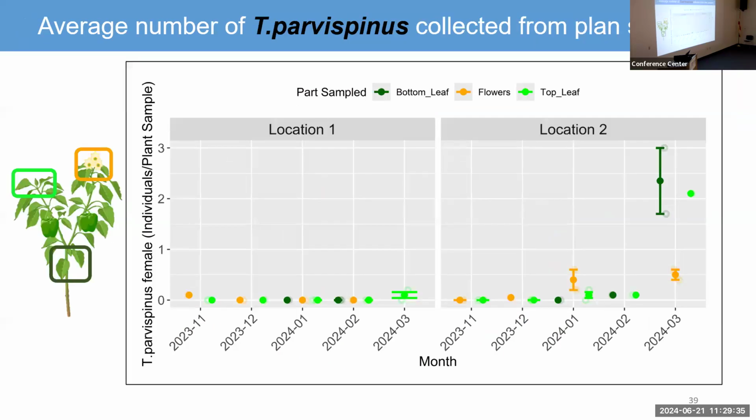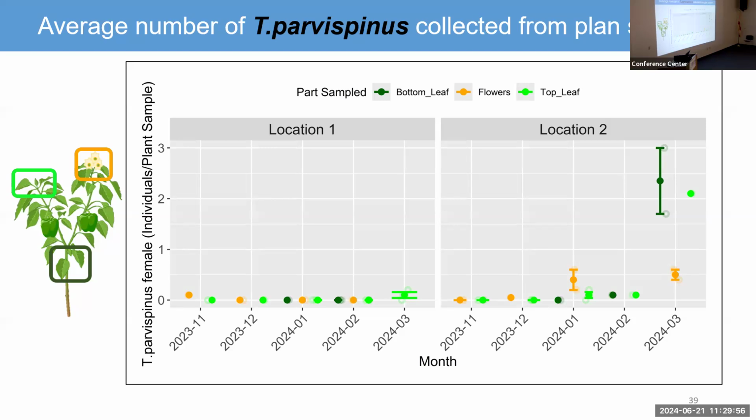Here in this figure, I'm going to show you the average Thrips parvispinus. In this case, we were collecting leaf samples and analyzing the whole cycle, so we're analyzing vegetative stages and also flower stages.